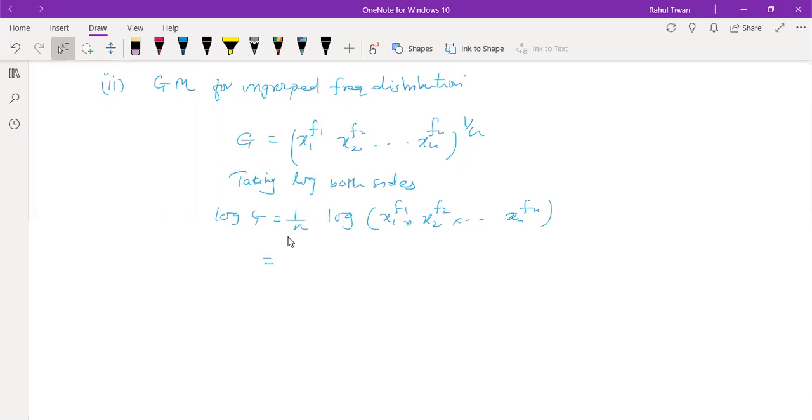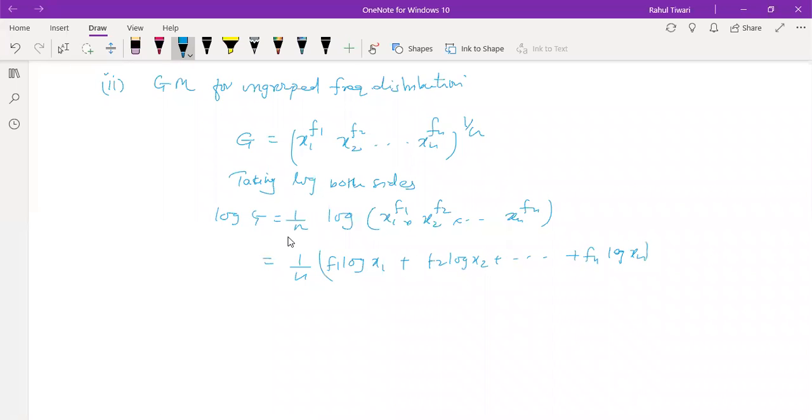It's nothing but 1 upon n times f1 log of x1 plus f2 log of x2, so on fn log of xn.